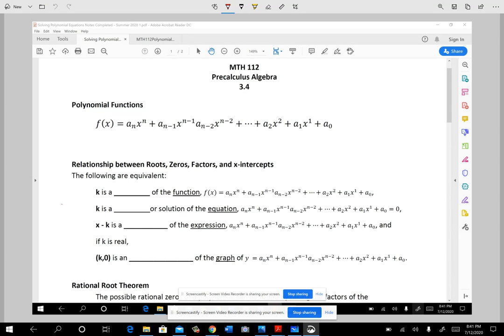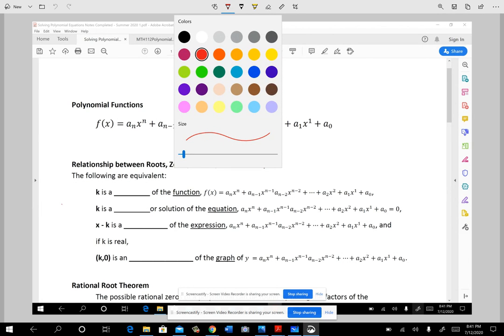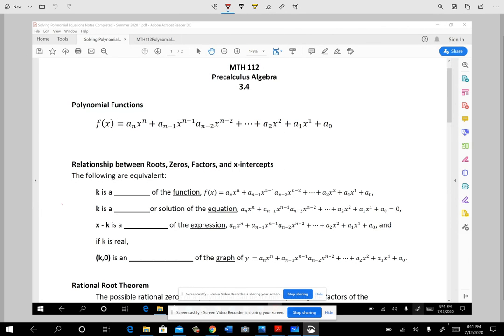Okay, so let me go ahead and just introduce some of the vocabulary. This is really not a hard concept, but it just looks hard because mathematicians like to use notation that they think simplifies things, but it really doesn't. Okay, so what we're talking about trying to do is solve an equation like f of x equals x to the third plus 8x squared plus 11x minus 20, okay?